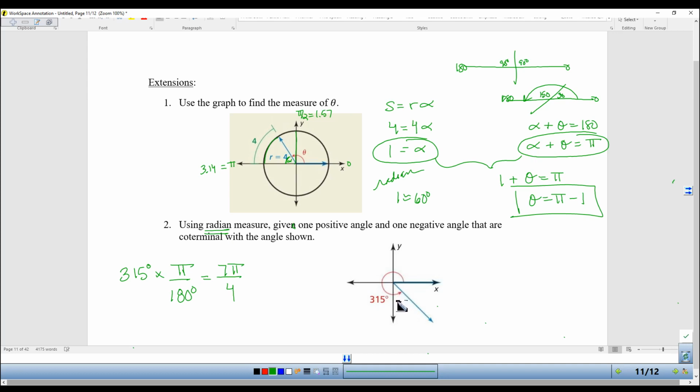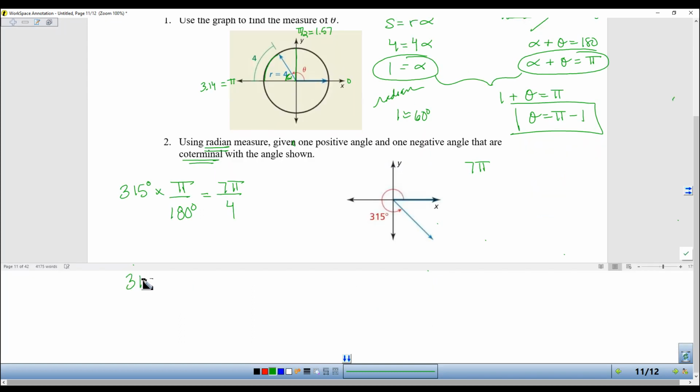Now, when we did coterminals before, we only did them with degrees. We didn't do them with radians. This is a lot harder for kids, which is why it's in the extensions. But remember what we did before? If I hadn't done this in radian measure, I would just take 315 and add 360. And then I would take 315 and subtract 360. And you can do that and then convert them to radian measure.